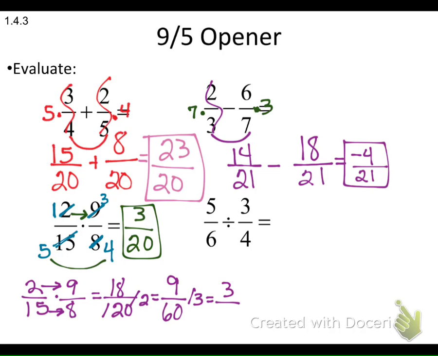What's 60 divided by 3? 20. So we end up with the same answer, but I feel like the way in the purple is a lot more work because you're working with larger numbers. So I always like to reduce at the beginning.